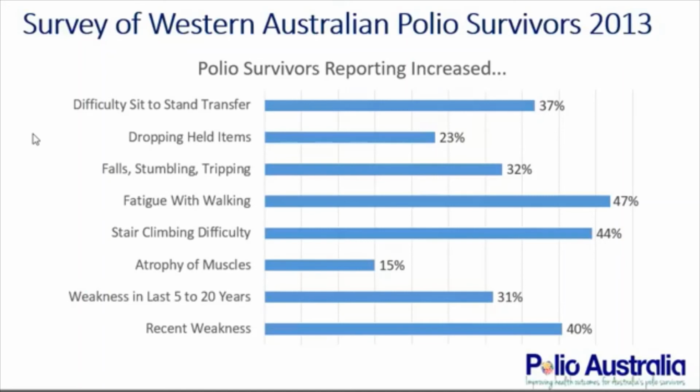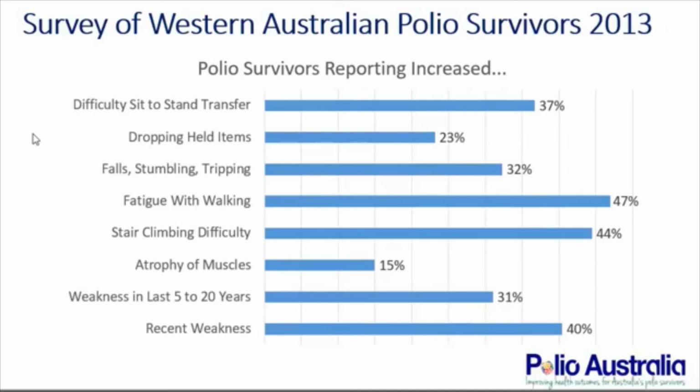Changes in mobility, fatigue with walking, difficulty with transfers, falls, tumbling, tripping, and stair climbing are very commonly reported as changing, along with dropping things that are held, and having recent weakness.